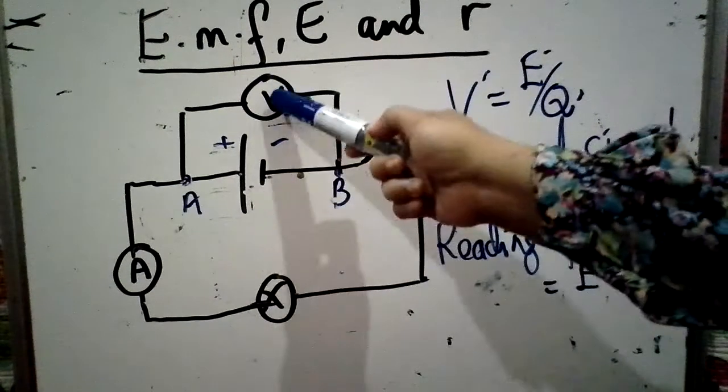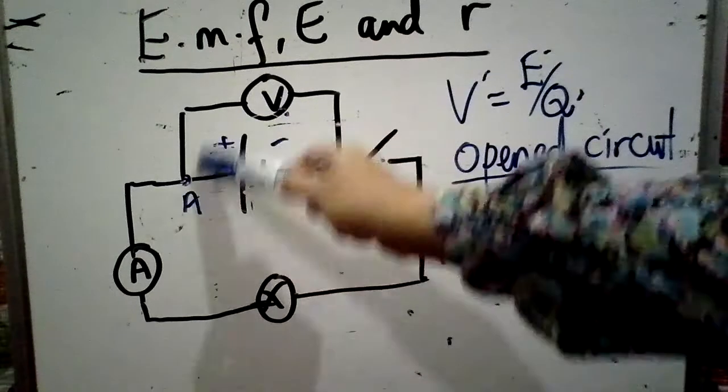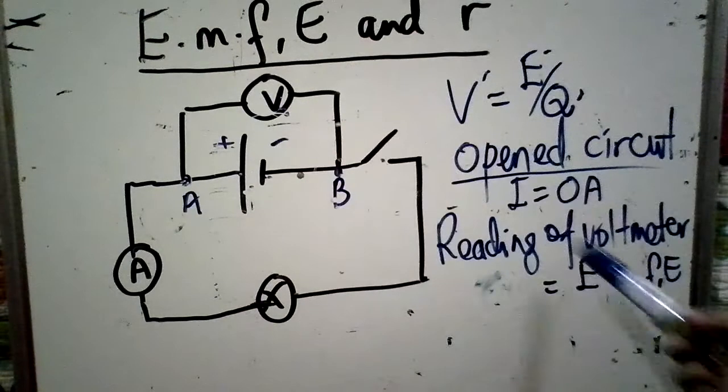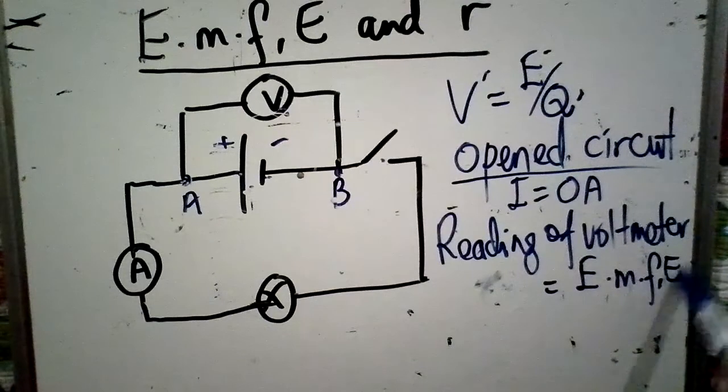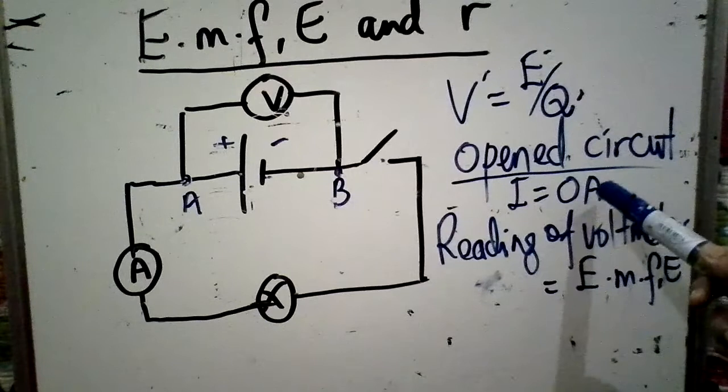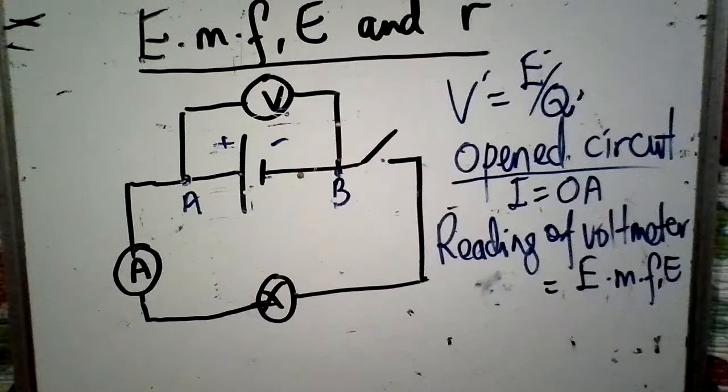If the voltmeter here measures the voltage supplied by the terminals of the battery, the reading of the voltmeter now is EMF. So in order to determine the EMF of the battery, we let the switch open, or we have the open circuit. So we get the reading of the voltmeter equal to EMF. Okay, so that is the first situation.